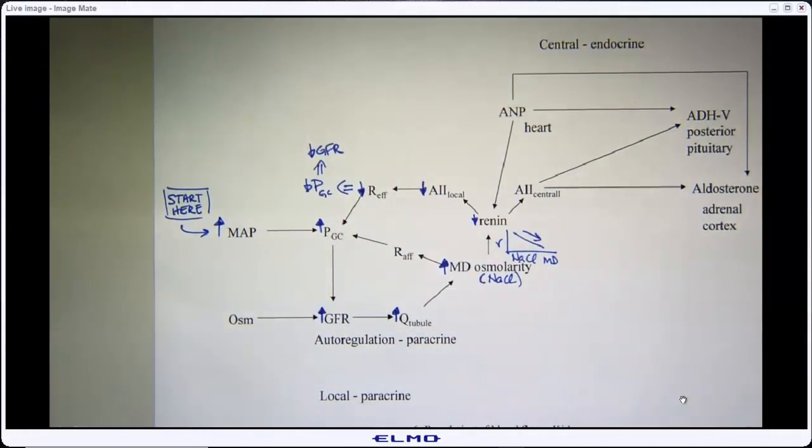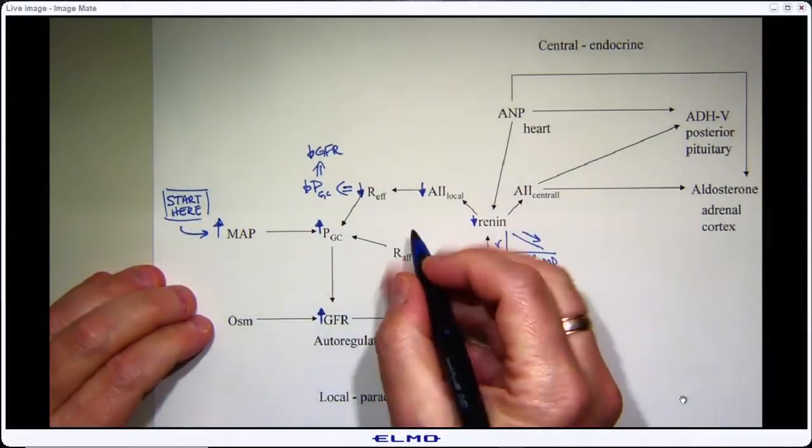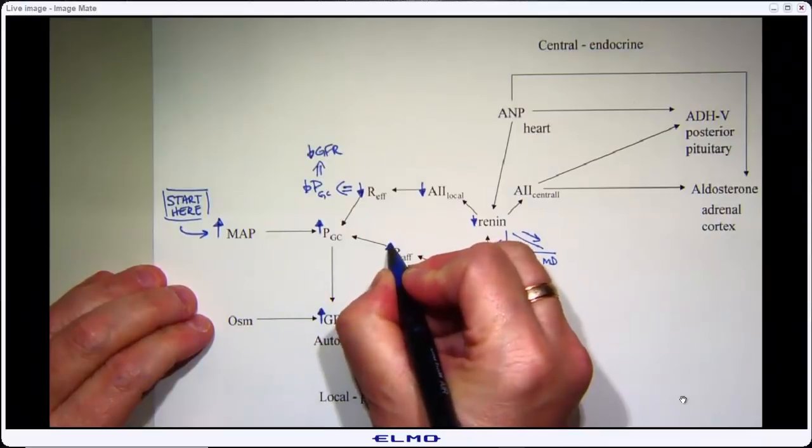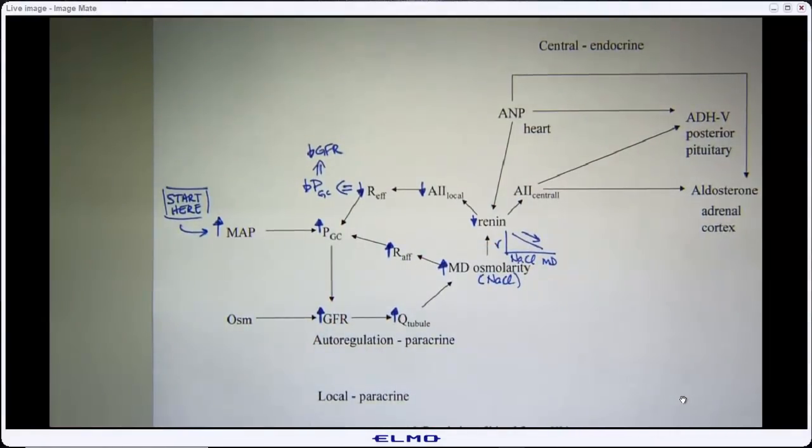Because of that change in osmolarity at the macula densa, then we now know we've got this vasoconstrictor hanging out. Okay, so that means I'm going to increase the resistance of our afferents. So that's that vasoconstrictor that we just talked about, tubuloglomerular feedback.